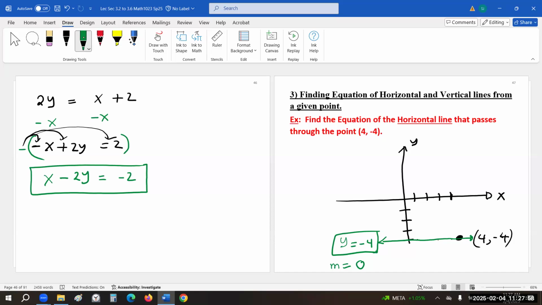So this is the point, and now you have to draw a horizontal line that goes through this point. Horizontal line means it goes straight left and right on this point. So you draw the line, and now you find the equation. So this is y equals -1, y equals -2, -3, -4. Our line is on the y equals -4 point. So its equation is y equals -4.